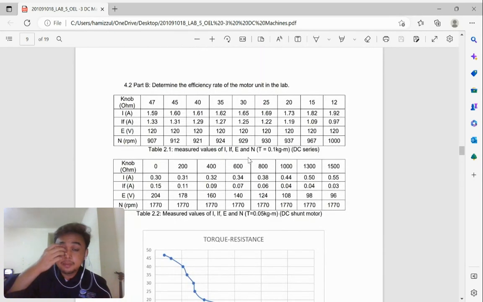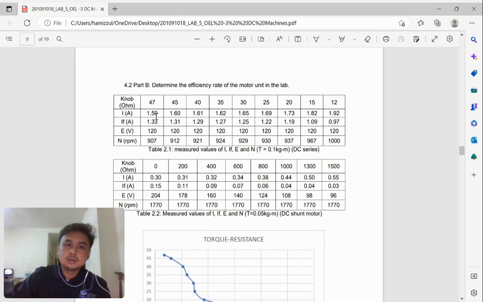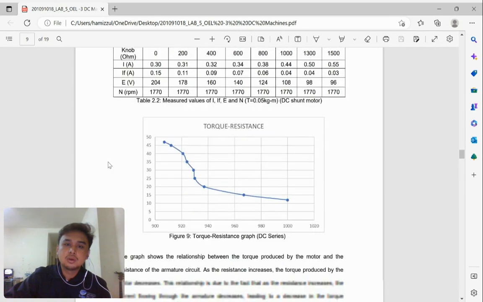For the second part, which is part B, the aim is to determine the efficiency rate of the motor unit in the lab. This is the result table for part B. This is the table for the DC series, and this is the table for the DC shunt motor.